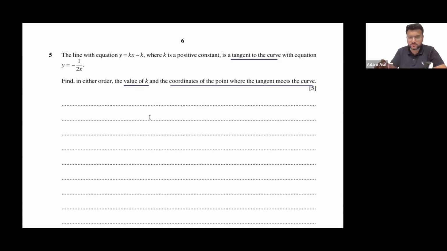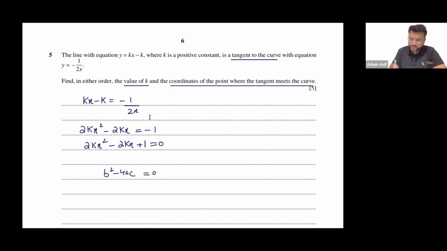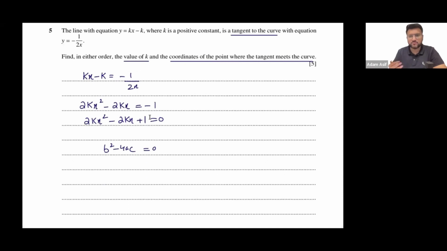Okay. So firstly, we are going to equate the two equations. Try to solve this. It's going to be 2kx squared minus 2kx equals -1. 2kx squared minus 2kx plus 1 equals 0. Now we know that the line is tangent to the curve, so the discriminant of this quadratic equation must be equal to 0.